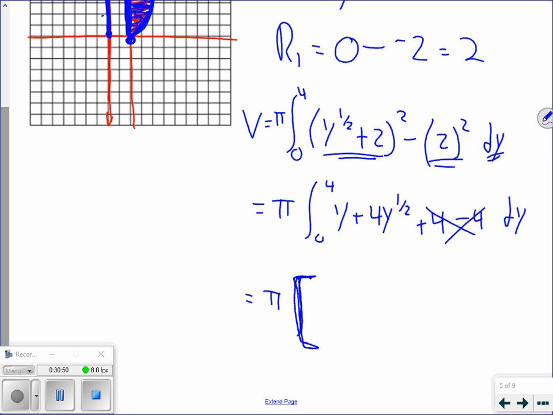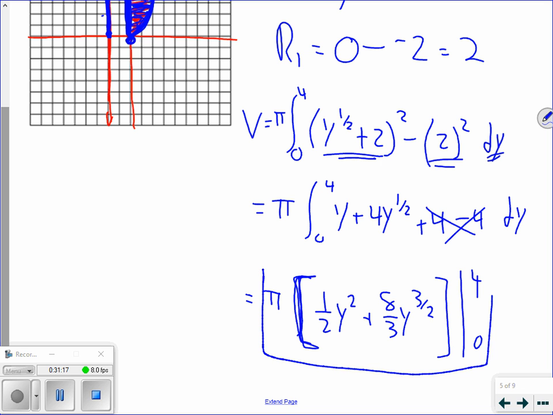Actually, I'm going to go ahead and integrate it. y is 1/2 y squared, and 4y to the 1/2 is 8/3 y to the 3/2 power. Okay. And this is evaluated from 4 to 0. Again, plug 4 in for y, plug 0 in for y, subtract the two, and you have your final answer. The final answer is outlined on our website.